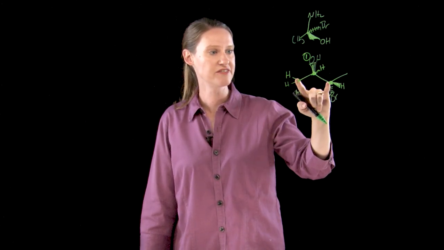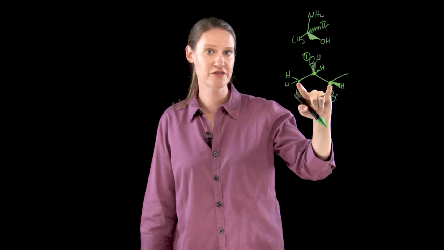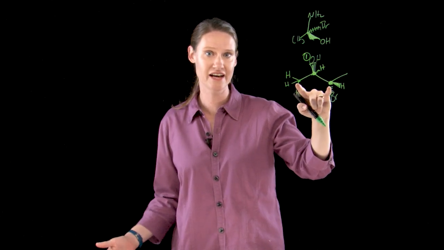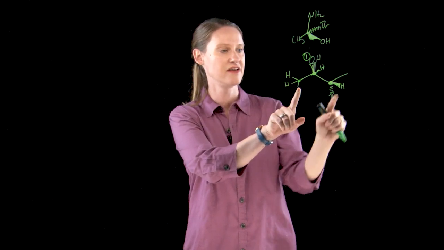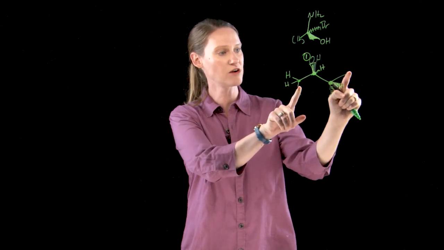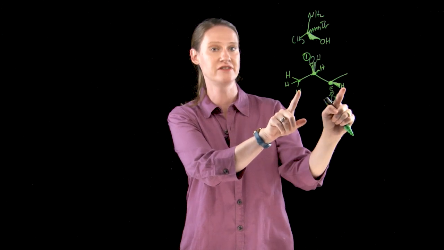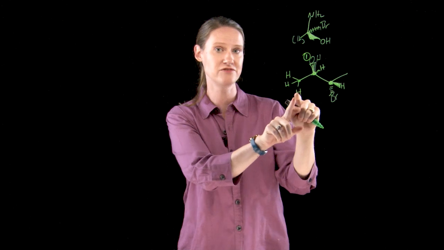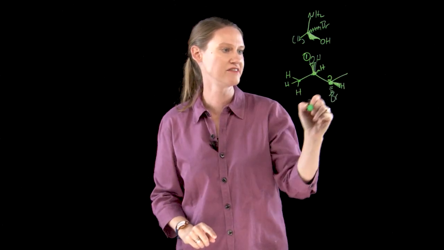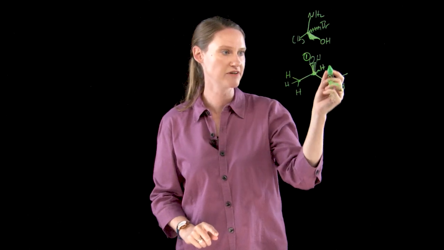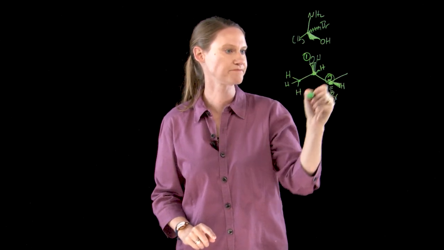And so whenever you have a tie, you just start to look at the things that are attached to that tie. So this carbon has 3 hydrogens attached, and this carbon has a carbon, a bromine, and a hydrogen attached. So the bromine has a higher atomic number than hydrogen, and so this carbon is assigned the second highest priority.